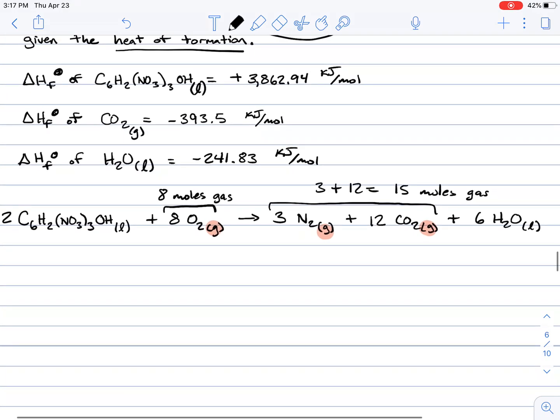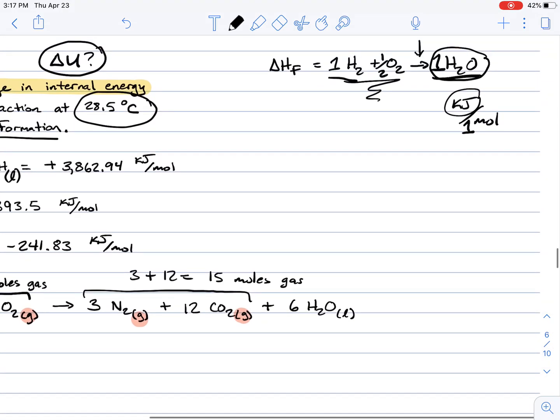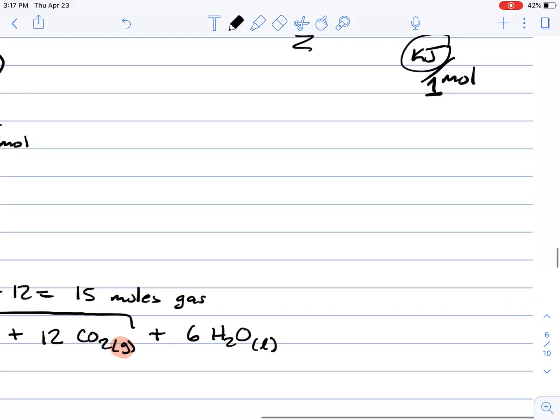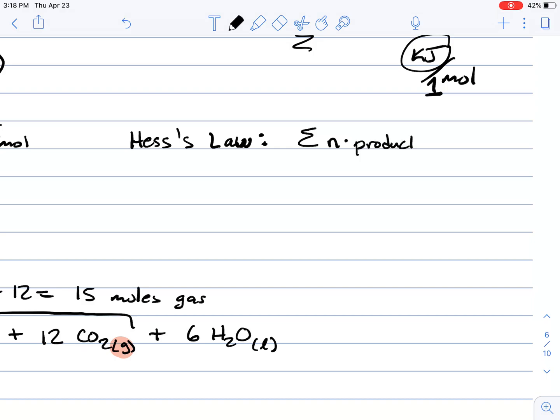Let me just write it off to the side. The version of Hess's law that we're applying, and this is from first semester of general chemistry, is the sum of the number of moles times each of the products, minus the sum of the number of moles times each of the reactants.